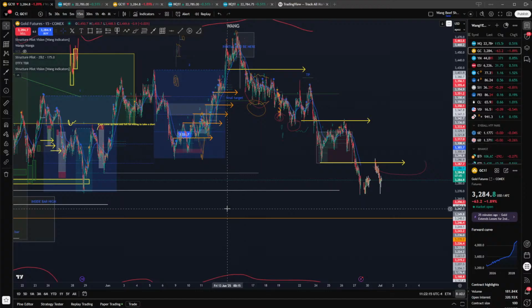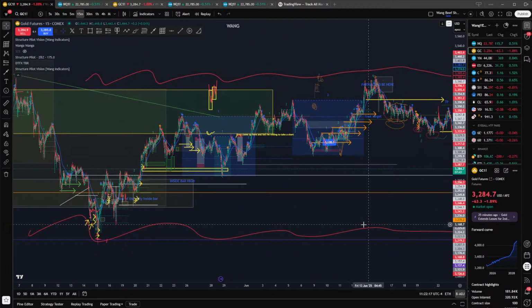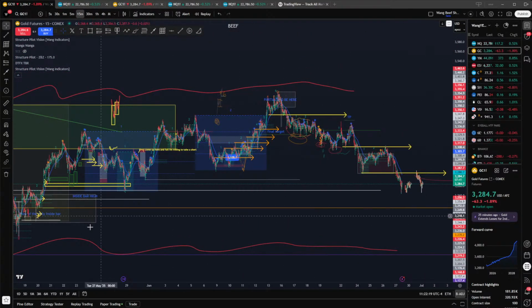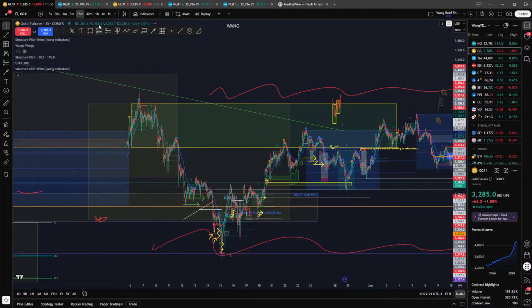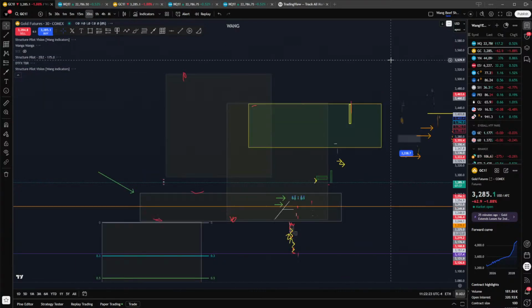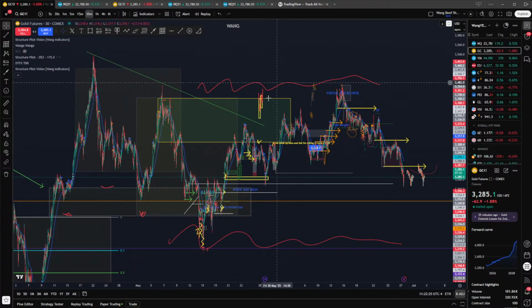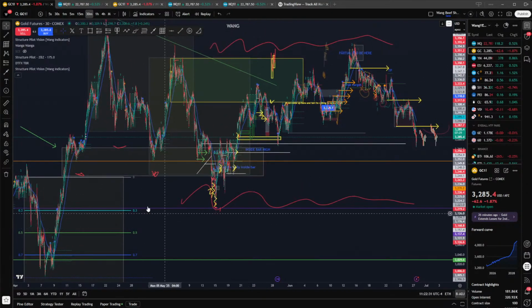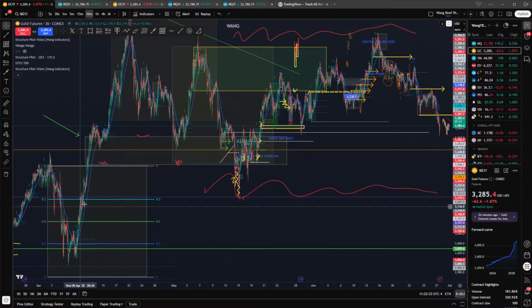All right, what do we have here? So we have that big rounding, oh yeah, that's big. So gold, you see the top of the 30% of the previous range right here.